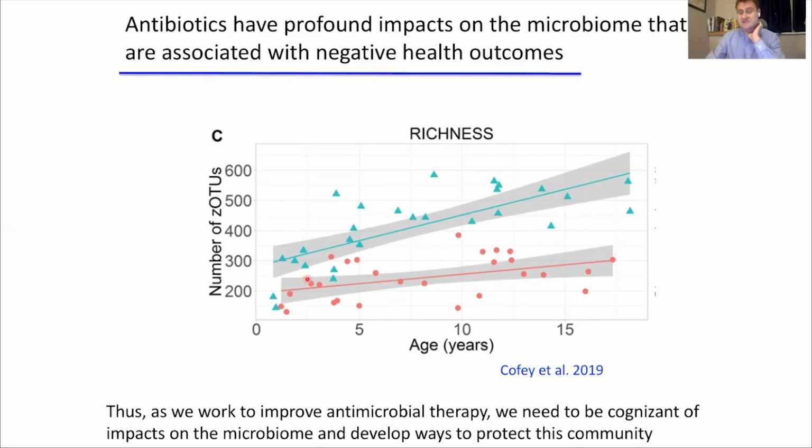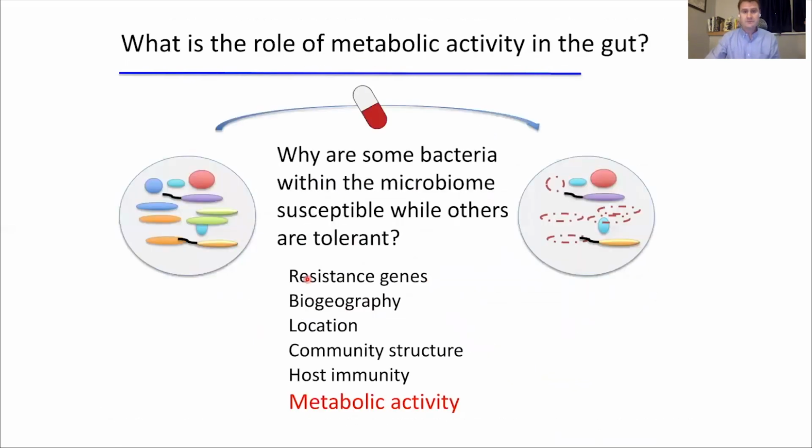They're much less diverse, likely due to multiple rounds of antibiotic therapy, but also probably due to physiological differences in these patients. So the question that I'm really interested in asking in my lab is why, when you give an antibiotic, do some bacteria survive and some don't? My conjecture is that metabolic activity is going to play an important role in that.